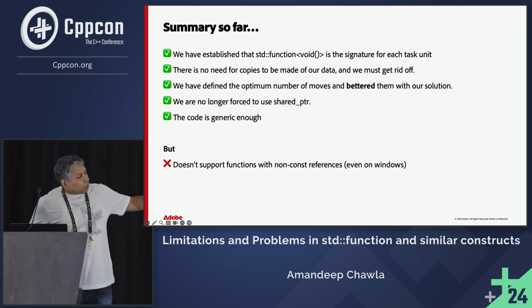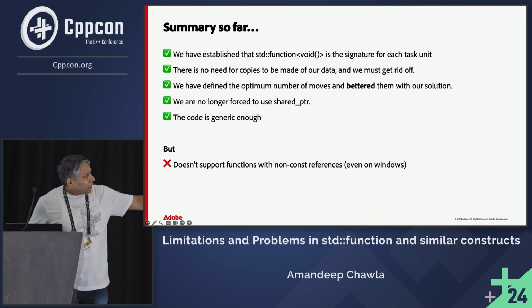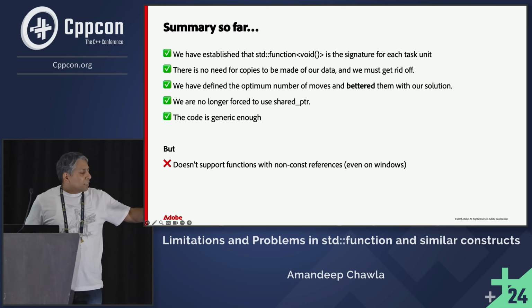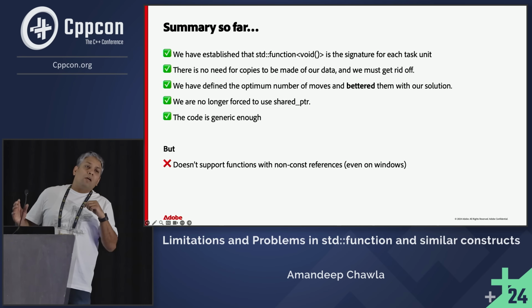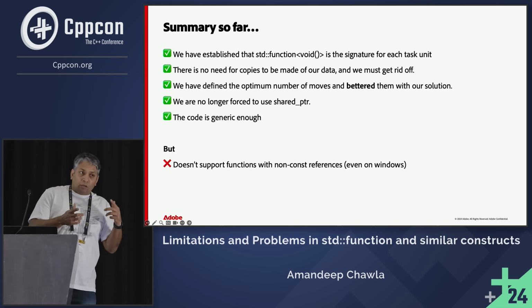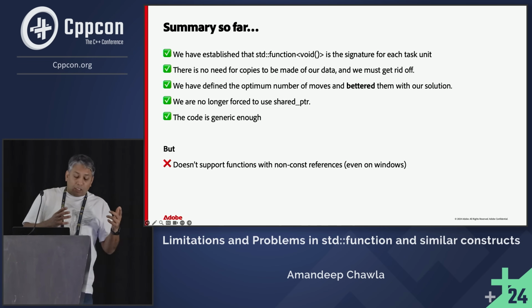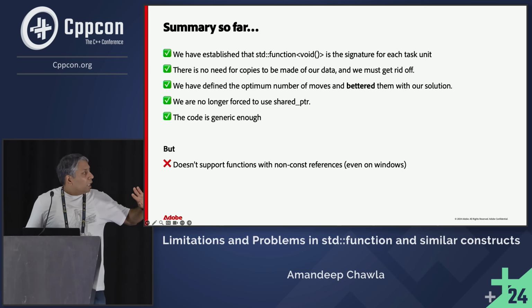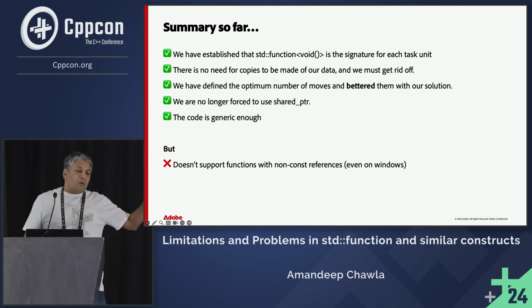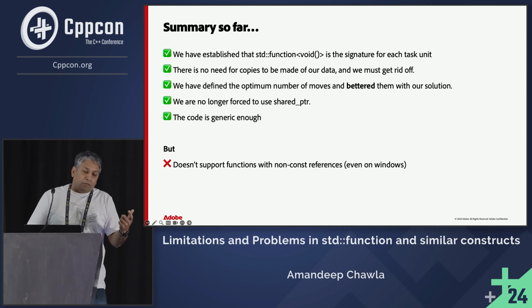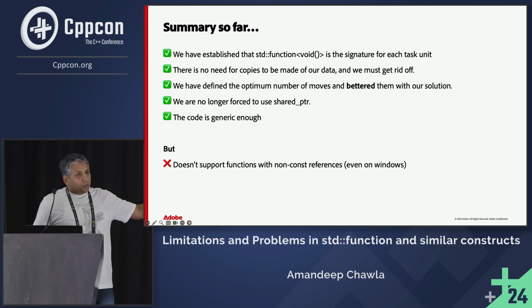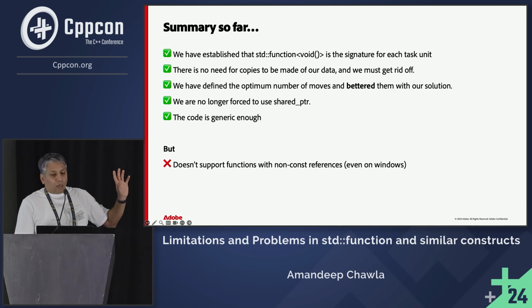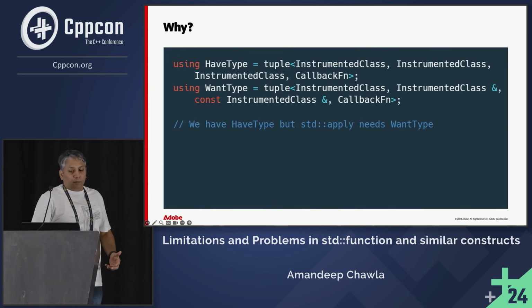Now, the code is generic enough, but it does not support functions with non-const reference, and even on Windows. Whereas previously on Windows, we were able to call async fun using some of the standard constructs, but with this approach, even on Windows, we are not able to call because std::apply doesn't even work. So this is where we are right now. Okay, now let's see what we can do further.